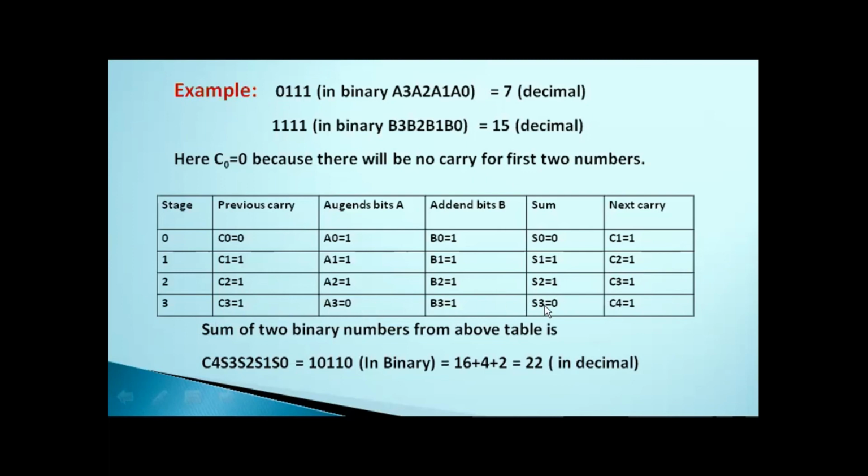Sum will be 0 and carry will be 1. Here, the sum of two binary numbers from the above table is C4, S3, S2, S1 and S0: 1, 0, 1, 1, 0. Decimal equivalent of this binary number is 22. The sum of these two values, 7 plus 15, equals 22.